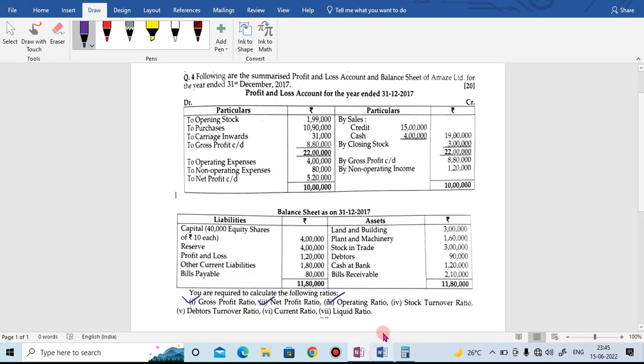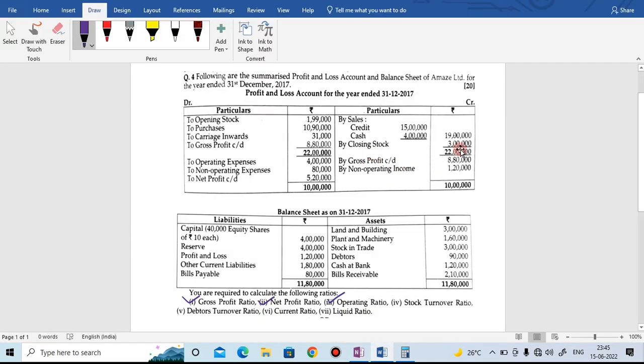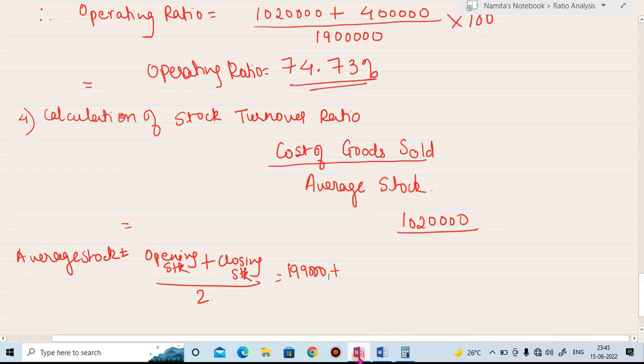Opening stock is 1,99,000 plus closing stock value of 3 lakh rupees, upon 2.